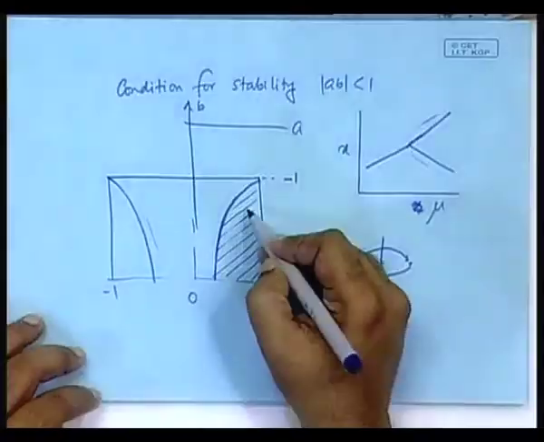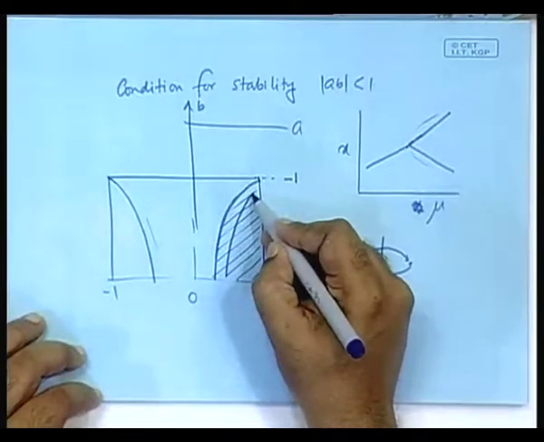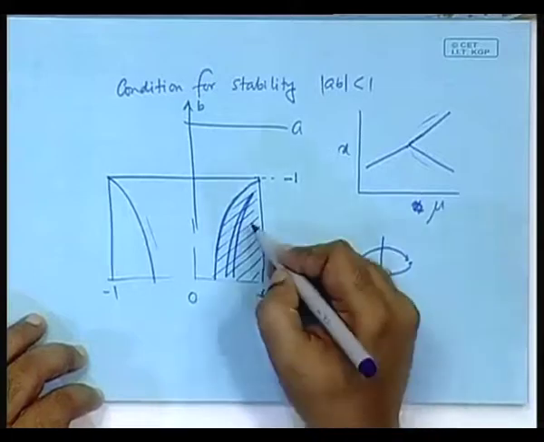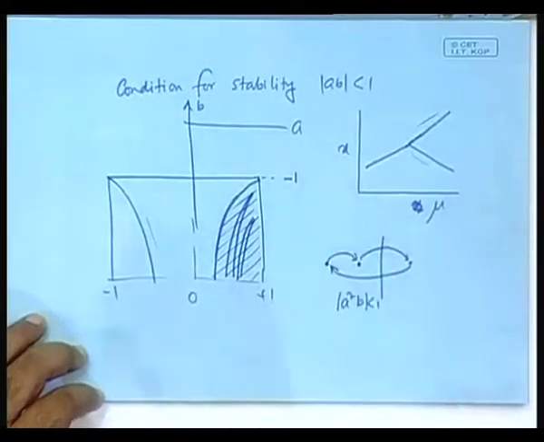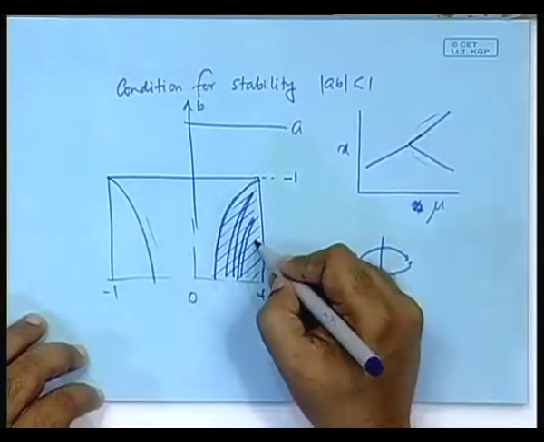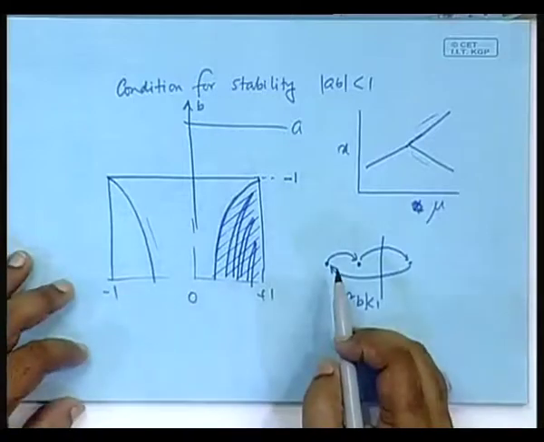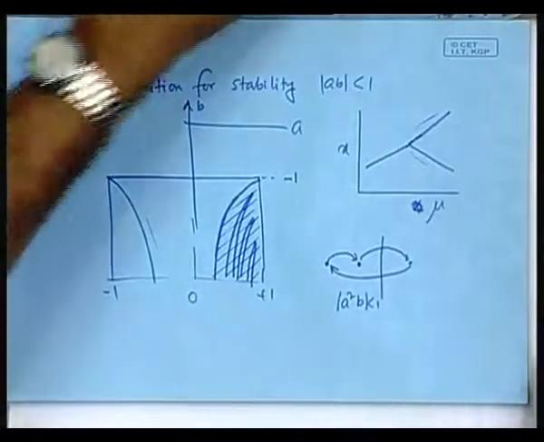So, you will get again a range for which this condition will occur. There will be another range for which the period 4 orbit will occur, another range for which the period 5 orbit will occur. As a result, you would notice, let me show you the actual pictures.